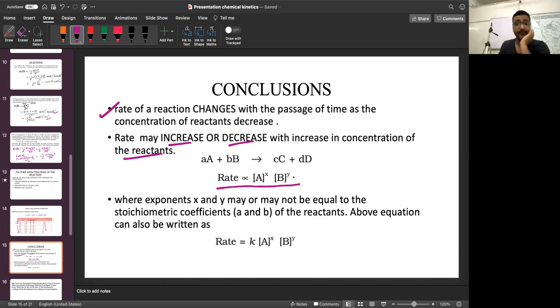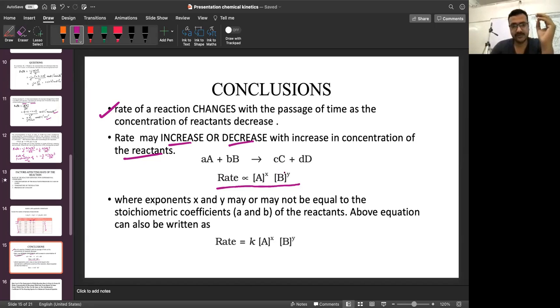But I have raised some powers to the concentrations, x and y. Now we are discussing these powers. These powers may be equal to a and b, or may not be. That is the concept of molecularity and order we'll be reading in the successive classes.